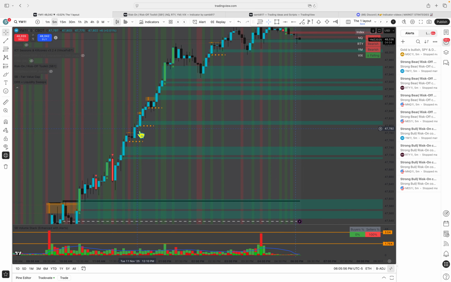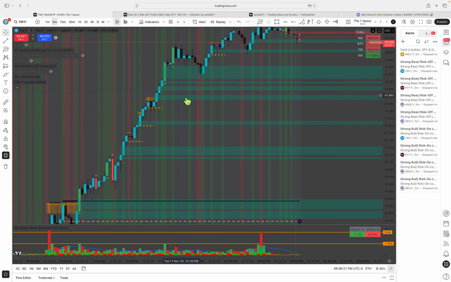If you do see where price was out of alignment here, a fair value gap was created, then it fell out of alignment, dipped back down into the fair value gap and started pushing up, that's another entry for you. Or if you didn't take this one, take the continuation after it pushed back into alignment, broke that high, displaced slightly, created another fair value gap and took right back off.